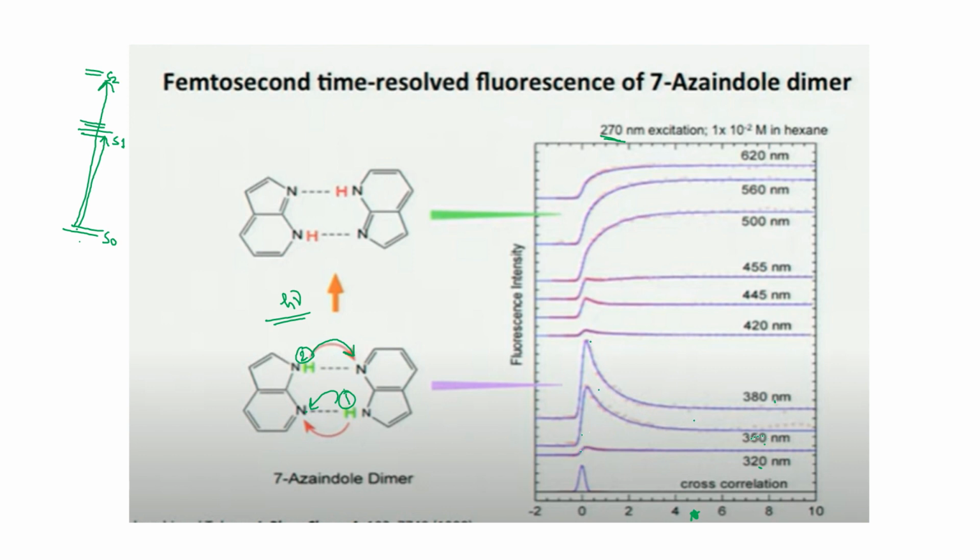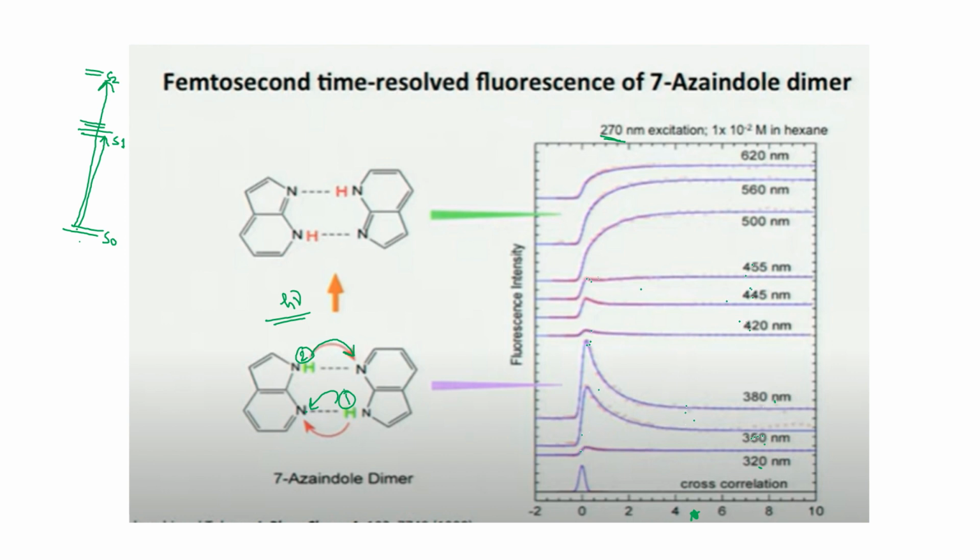Then again at 380 nanometer, this signal is decaying. Next, when you record the spectra at 420, 445 and 455 nanometer, you see that the intensity of this signal is reducing further.